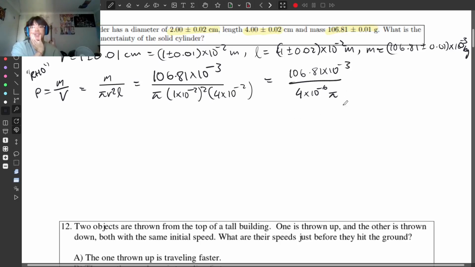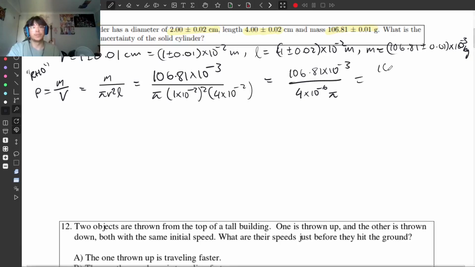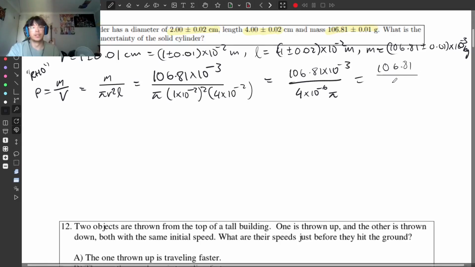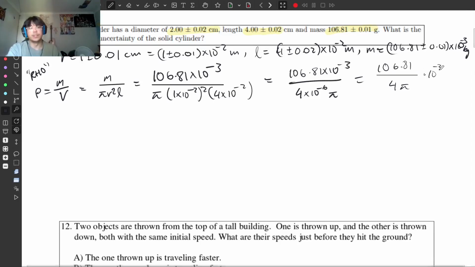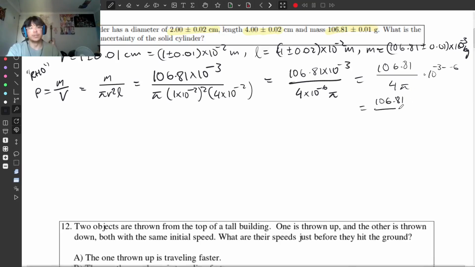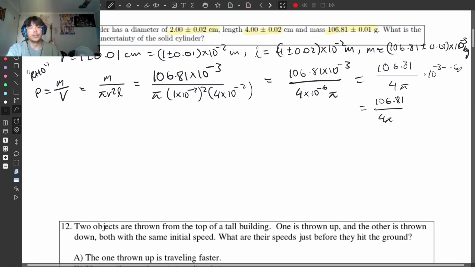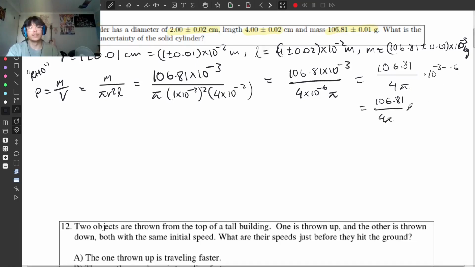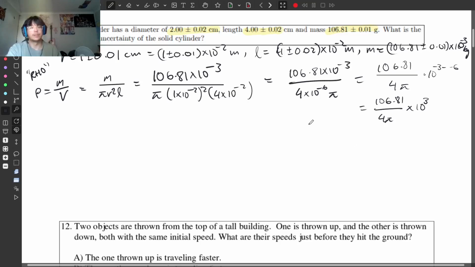Now you don't have to do this part, you can just plug this into your calculator, but I'm just making it a little bit easier for myself. So 106.81 over 4 pi multiplied by 10 to the minus 3 minus minus 6, which is minus 3 plus 6, so 10 to the 3.